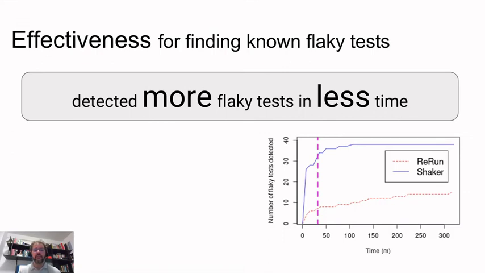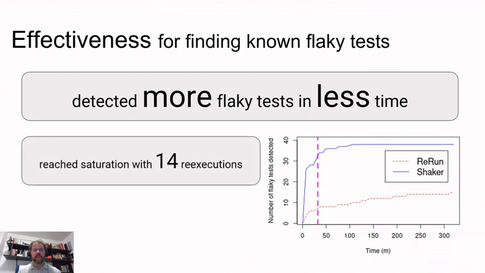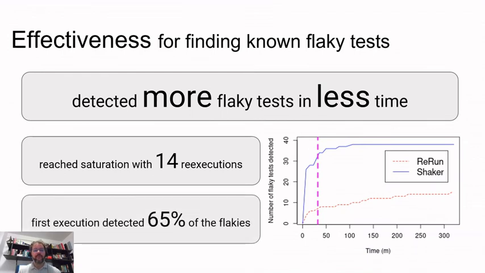The plot quickly rises when using Shaker, and we see that we quickly saturate. In 14 re-executions, less than what we usually need with rerun, we saturate, finding 85% of the total number of possible flakes. Moreover, the first execution already detected 65% of the total of flaky tests.